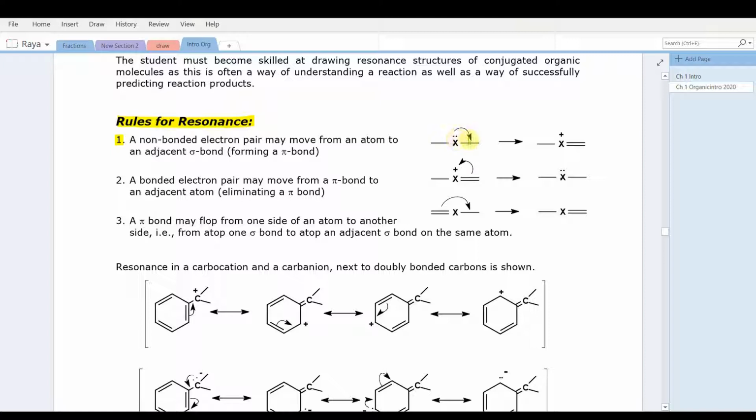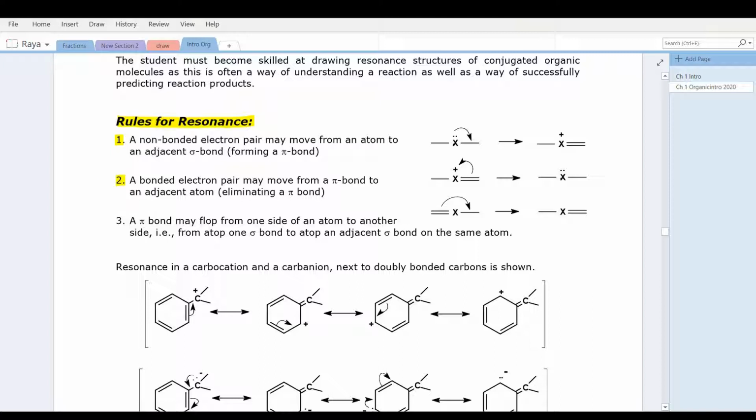Now when this occurs, the charge of the central atom must change by 1 because it owns 1 less electron. So for example, this atom owns 4 electrons, and after resonance it only owns 3. That's why the charge goes from neutral to +1. If this atom was negative to start with, then after moving an electron over, it would become neutral.